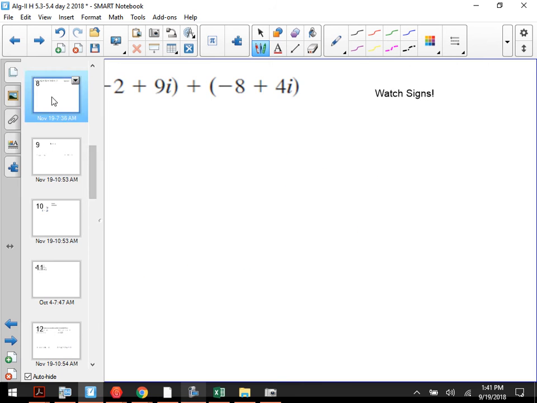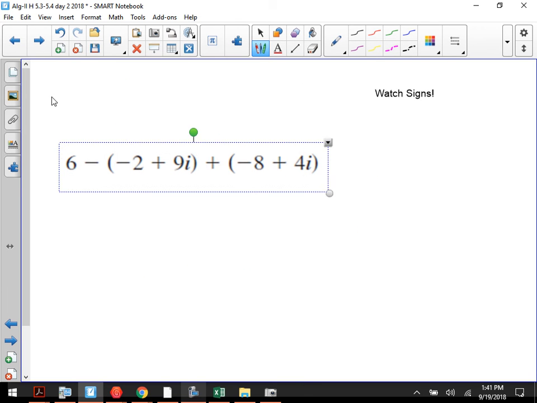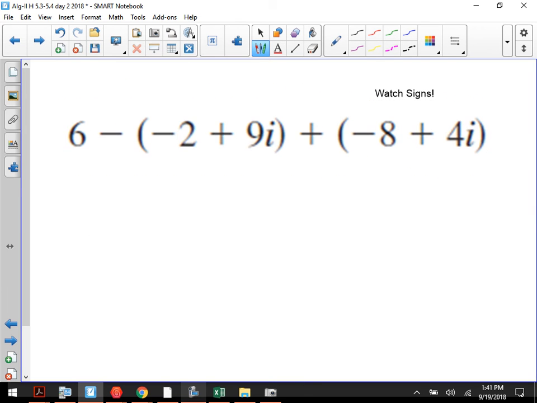Okay. Which means you can do this. Again, watch your signs, and it's combining like terms. Watch your signs, and you're combining a lot of like terms.